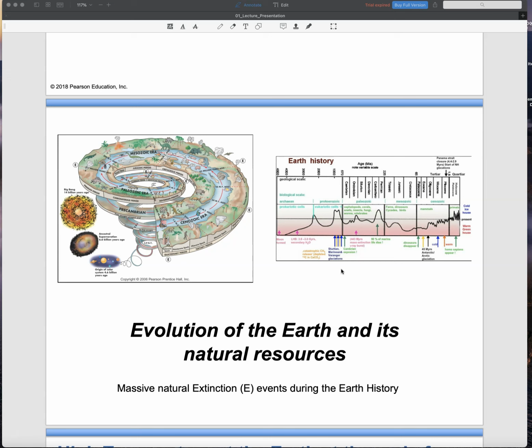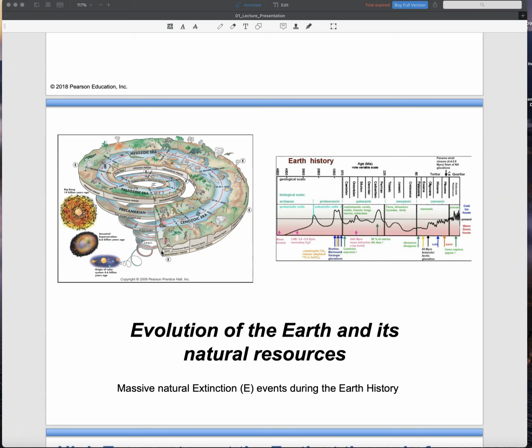What you see here in this big spiral is the evolution time of the planet. Starting here 4.5 billion years ago, all the way up to the current days. And the scale that we are using here is geological time measured in millions of years.